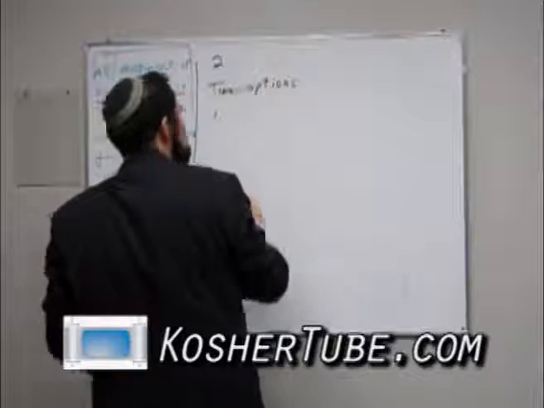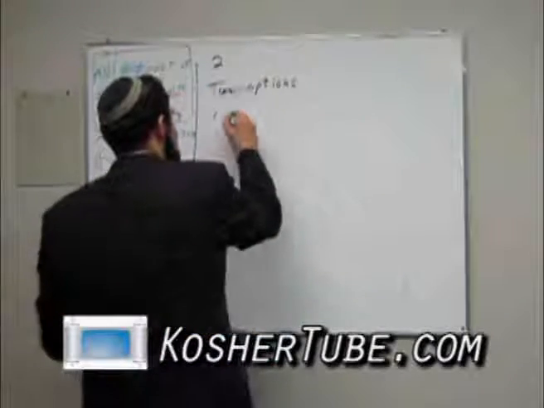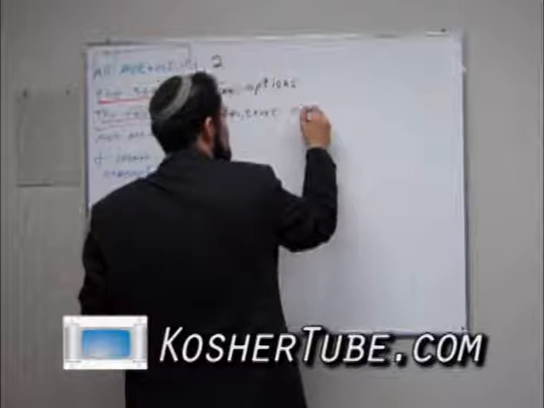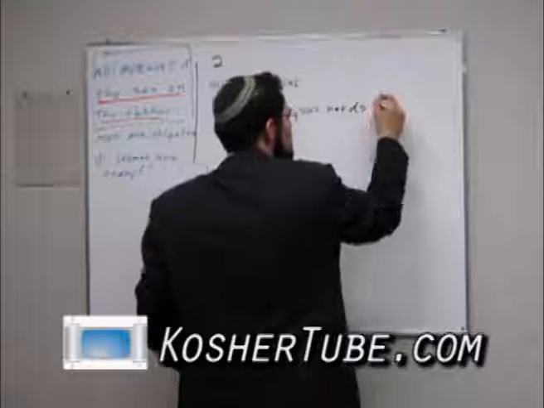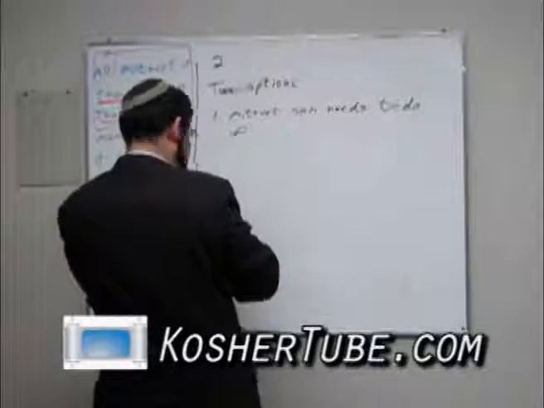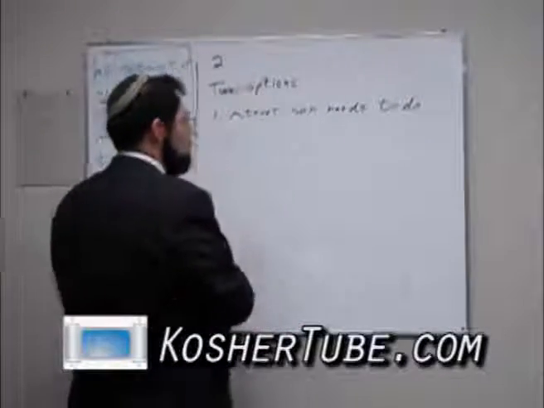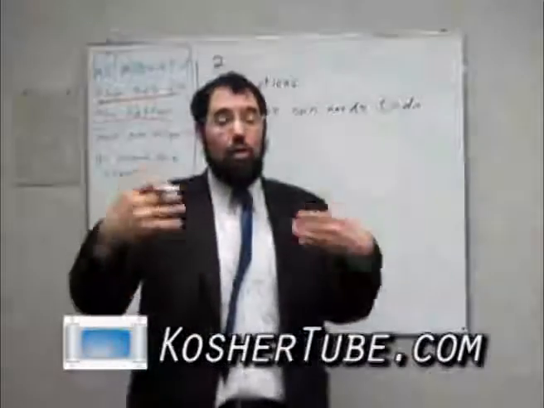Option 1: mitzvot that the son needs to do for the father, meaning to the father. Is it to father or for father? The difference is obligations I have towards my father.